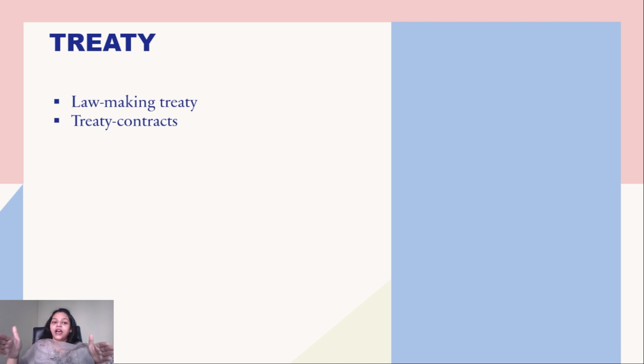So a state must abide by the treaty provisions. Treaty provisions are the rules embodied in the treaty. So a state must abide by the international law rules embodied in a treaty once that treaty is signed and ratified, not just signed.